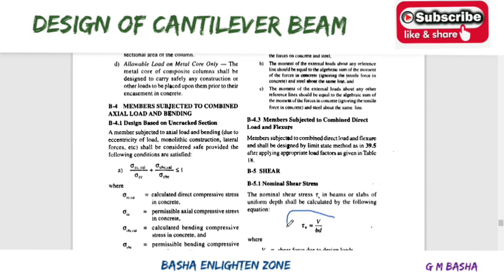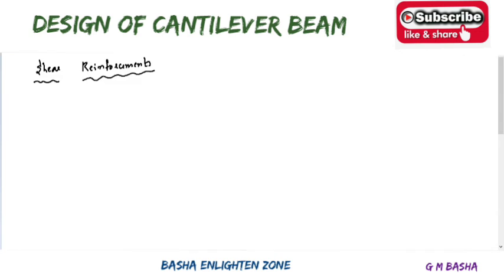Nominal shear, tau v will be equal to Vu by bd. So provide shear reinforcement, tau v equals Vu by B into D. What is Vu? 90 kilonewtons, which is 90 into 10 to the power of 3.